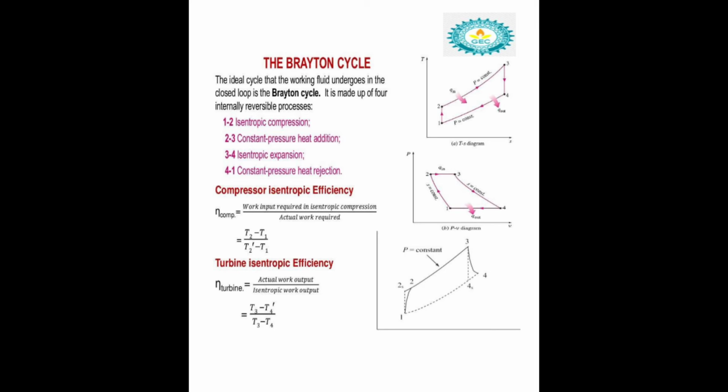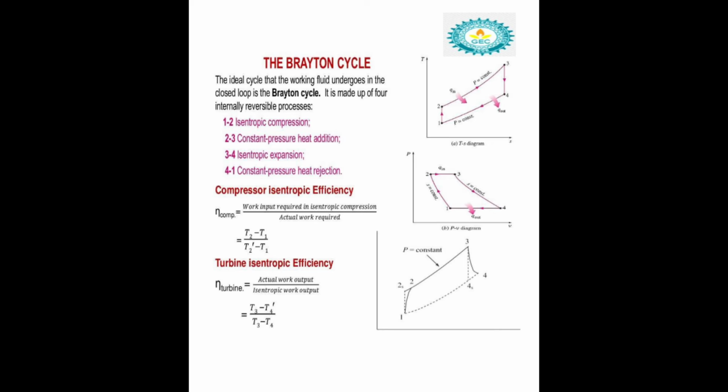Compressor efficiency is equal to the work input required in isentropic compression divided by the actual work required. That is, efficiency of compressor is equal to T2 minus T1 divided by T2 dash minus T1. T2 dash is the actual process.